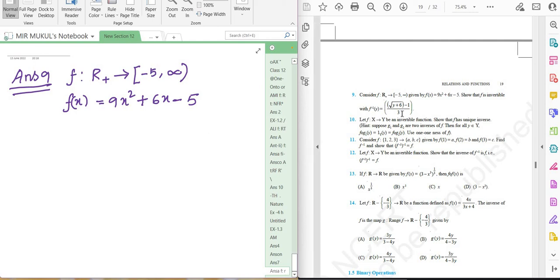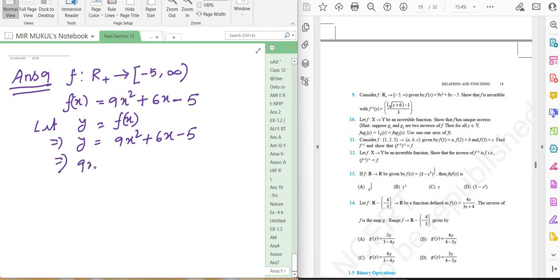So here we'll create one new function. Let y equals f(x), so y equals 9x square plus 6x minus 5. Now we have to find the value of x. So 9x square plus 6x, put bracket, minus 5 plus y, equals 0.